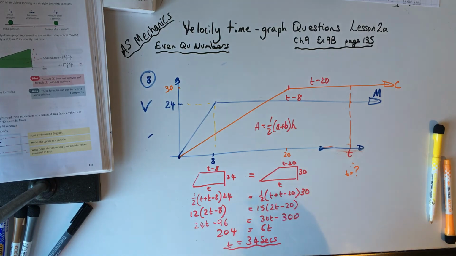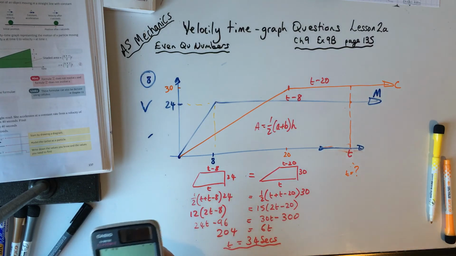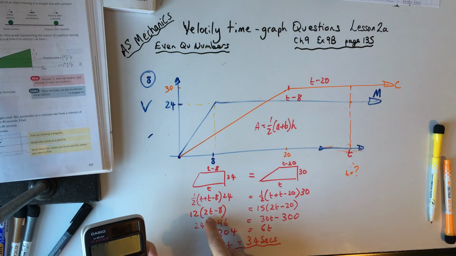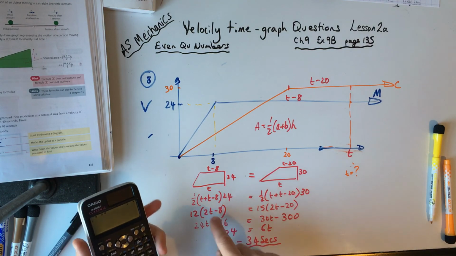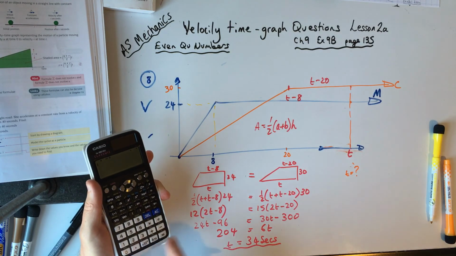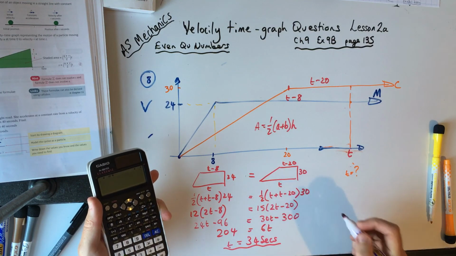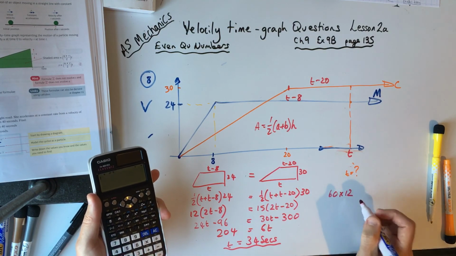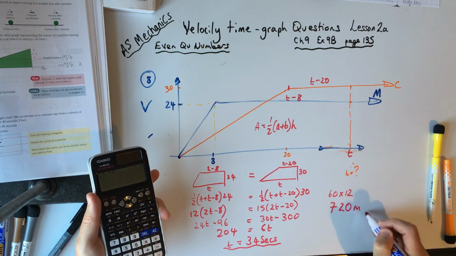I can put it into either of these. In fact, this one's easier, isn't it? 2t minus 8 times 12, if I put it into that sort of simplified version there. So 34 times 2 is 68, take away 8 is 60, 60 times 12. Oh, 60 times 12. So that's easy to work out. That would be 720 meters, he says.